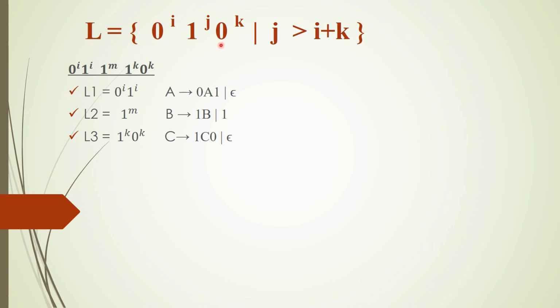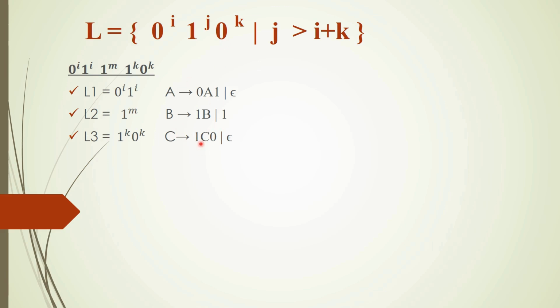If I write this C after a 0, it means 1 0 may be substituted multiple times, so your string may be disturbed, or the equation we have to generate as per our problem statement may be affected. So that's why the appearance of A and the appearance of C is between both of the symbols. So whenever you generate a string, it is in the form of 0s, then 1s, and then all the zeros. I hope you understand this implementation.